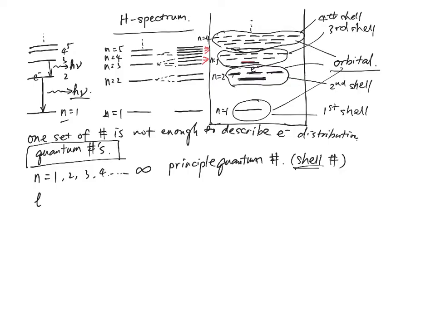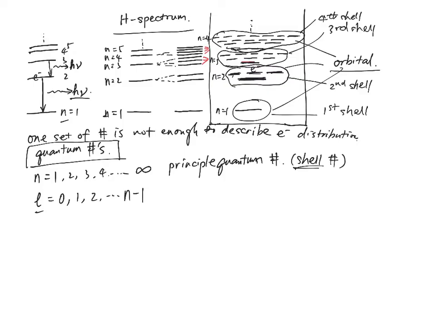But within each shell, all these splits, we're going to use L to represent. And L starts from 0, 1, 2, and eventually gets to n minus 1. What does this mean? The L value is limited by the n value.